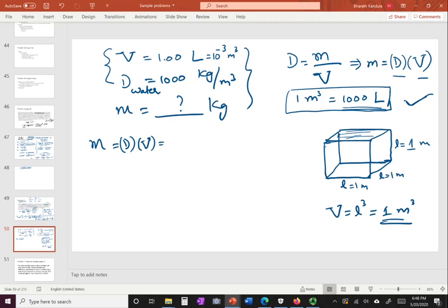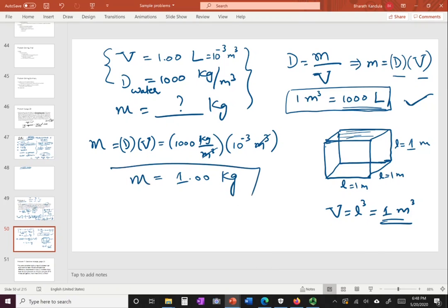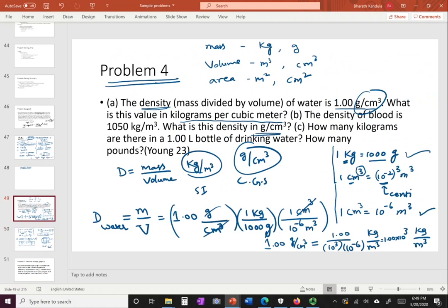Now density is 1000 kilogram per cubic meters, also we can write volume as 10 to the power negative 3 cubic meters. Understand? So this is equal to 1.00 cubic meter gets cancelled, kilograms. Okay, so 1 liter of water is equal to 1 kilogram of water.